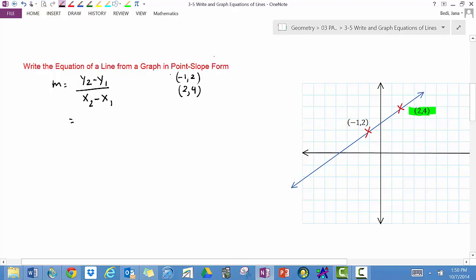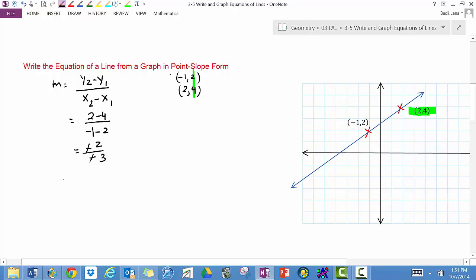So y2 minus y1, I'm going to look at these on the right. Keep the same order. So you have (2 - 4) over (-1 - 2). So you get slope is -2 over -3, and that's a positive slope, and that is consistent with the direction of the line.